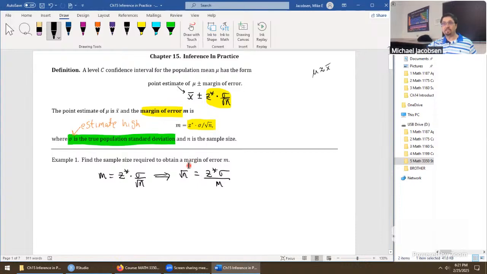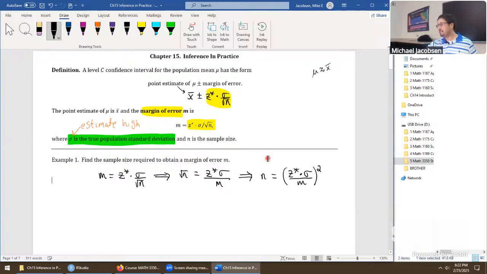Next, now that we have the square root of n isolated, just square both sides of this equation. This implies the sample size n equals the critical number z star multiplied by sigma divided by the margin of error m, squared.